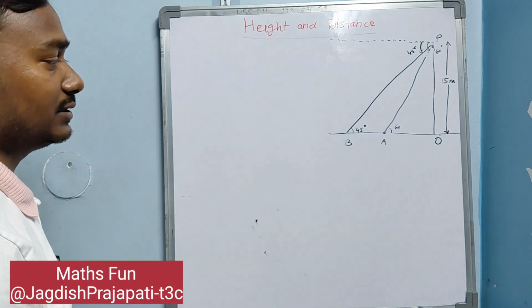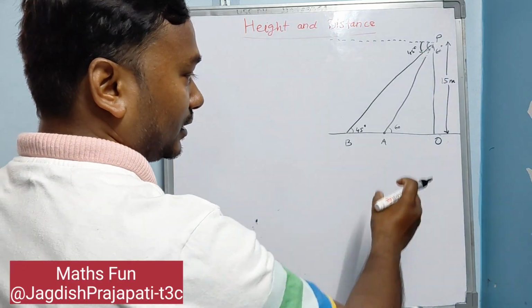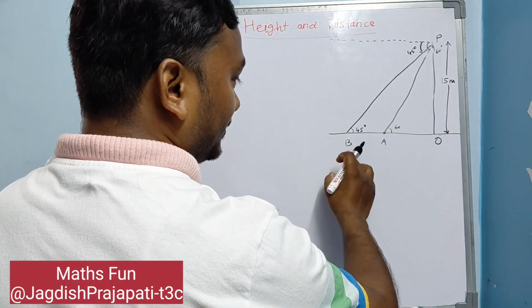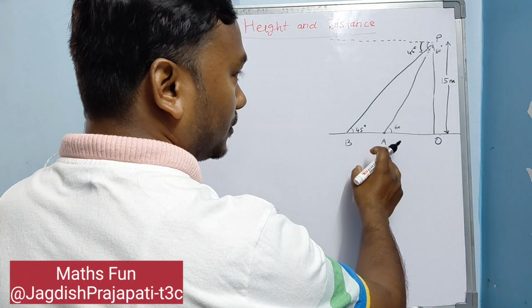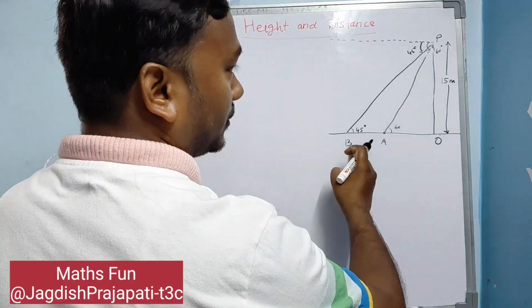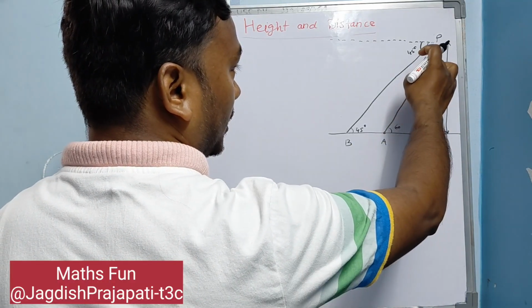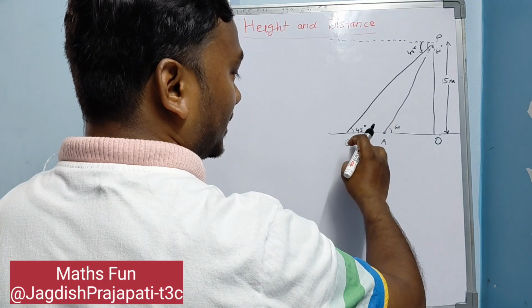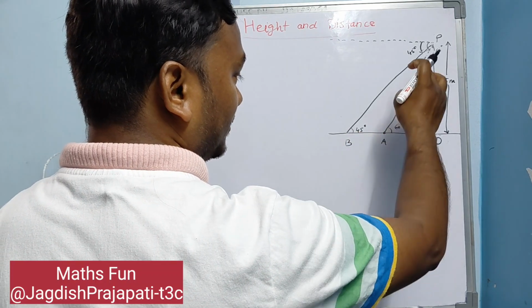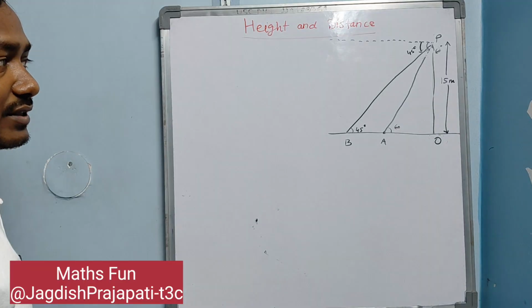You have to write, let OP is the tower. A and B are the two points on the same side of the tower, where the angle of elevations are 60 degree and 45 degree respectively.